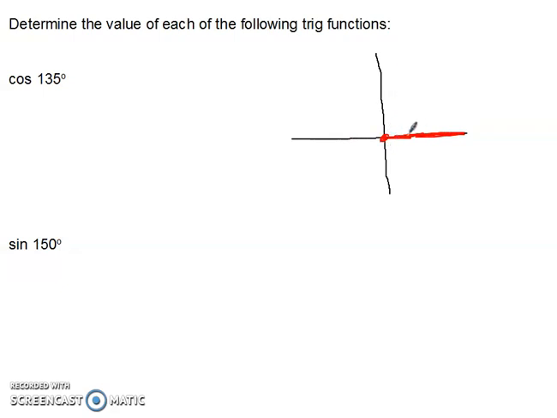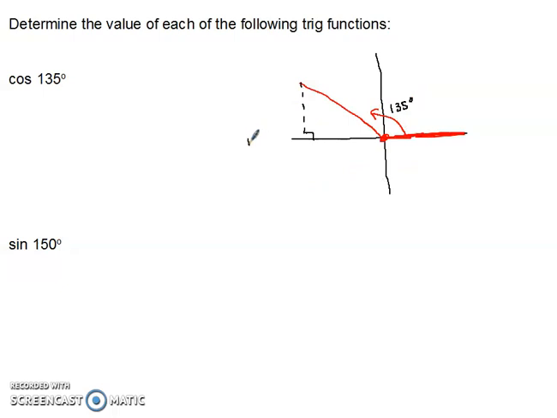Then I'm going to open up my angle 135 degrees and we will be left with this angle that is shown here. So if I want to find the cosine of this angle, I need a right triangle. So I'm going to drop down that terminal side of my angle to form a right triangle.